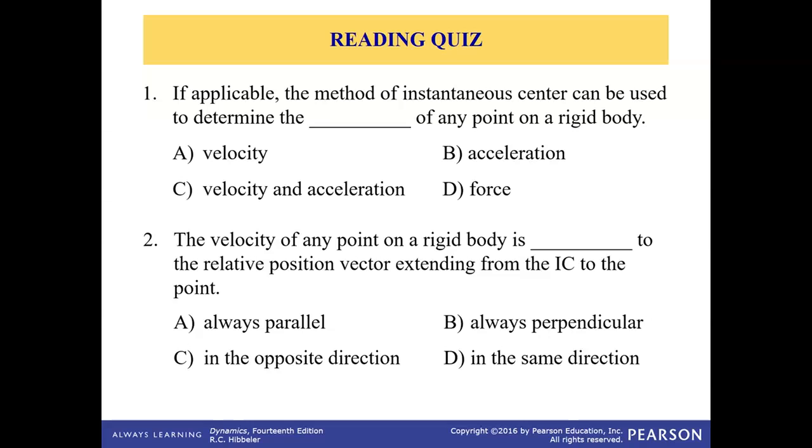The velocity of any point on a rigid body is blank to the relative position vector extending from the IC to the point. So we have seen it before that the velocity is always perpendicular to the position vector drawn from the instantaneous center to the point. So the correct answer is B, always perpendicular.